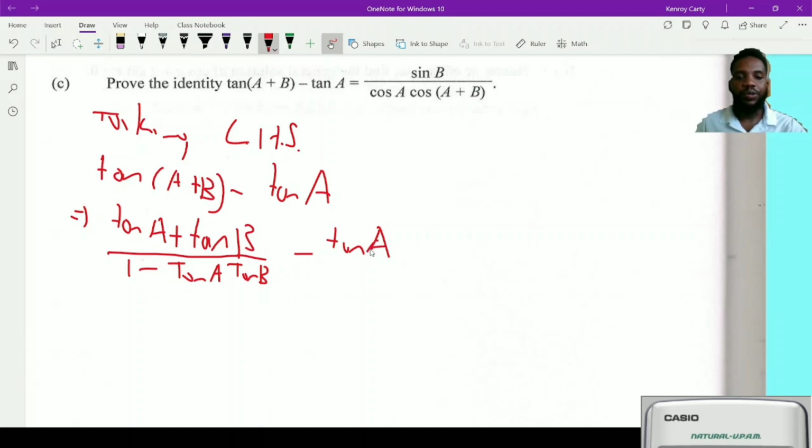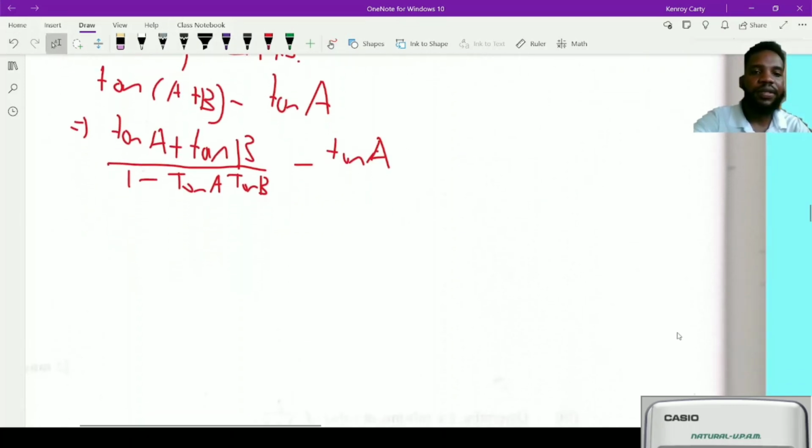Now the question is, what am I going to do with this? If I look on the right-hand side, I realize that I'm seeing sine and cos, which tells me that the smart thing to do here is to change the different things to sine and cos functions. All right, let's take this down. So we're going to need some space here.